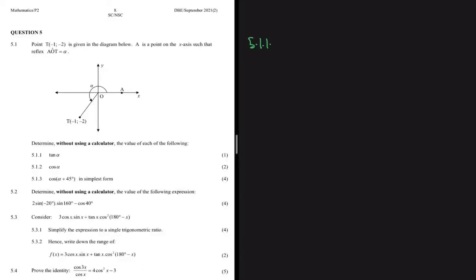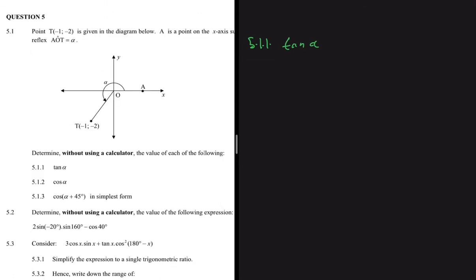5.1.1 says let's determine without using a calculator the value of the following, and we're starting with tan of alpha. We know fully well that tan of an angle theta is equal to opposite divided by adjacent, right? The opposite is the y and the adjacent is the x.